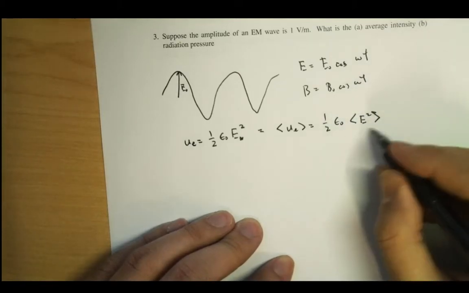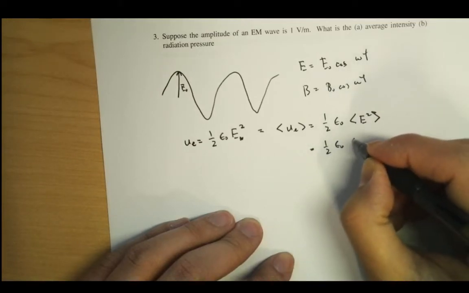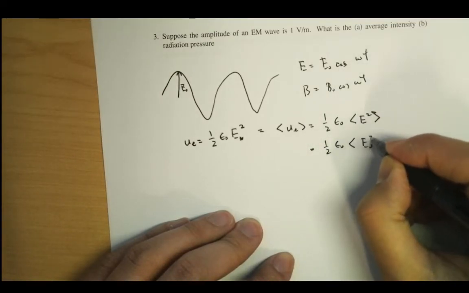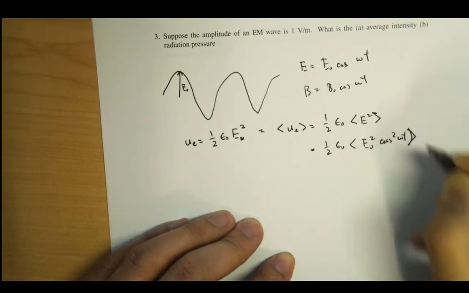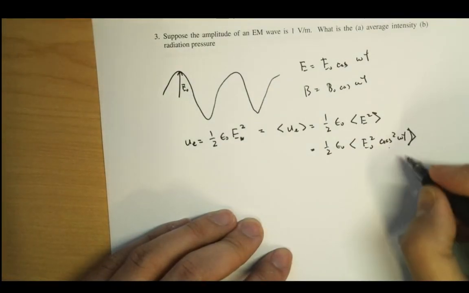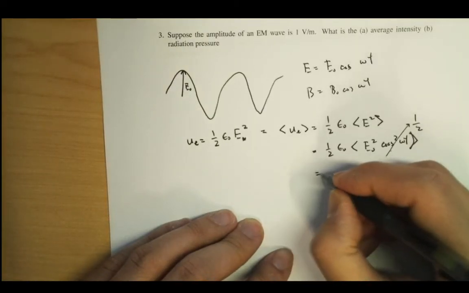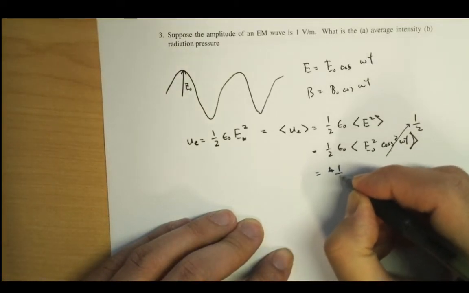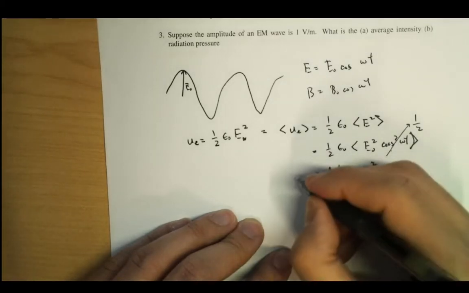Now this is just 1/2 epsilon 0 times the average of E0 squared cosine squared omega t. Now, E0 squared is a constant. Averaging cosine squared over a period will just give me a 1/2. So in fact, this is 1/2 times 1/2, which is 1/4 epsilon 0 E0 squared. Now that's the average U_E.